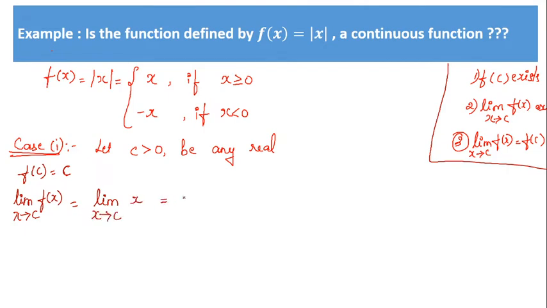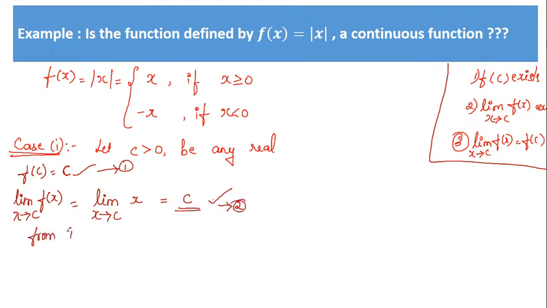That is equal to c itself. Clearly this exists, because whatever c value we have taken is a finite value, and the limit of a finite value exists. So that becomes c. You can see that the first condition is verified, the second condition is verified. Automatically from 1 and 2, you can see that the third condition is also verified.